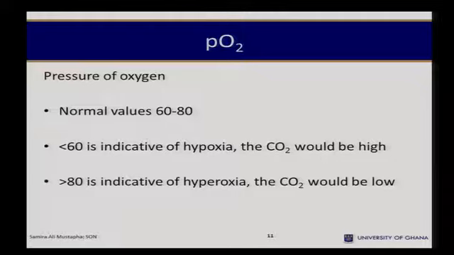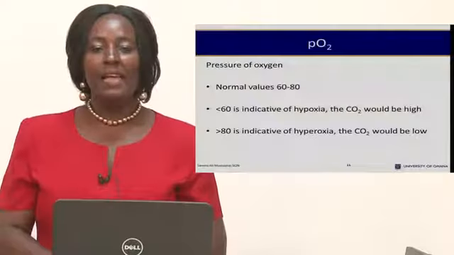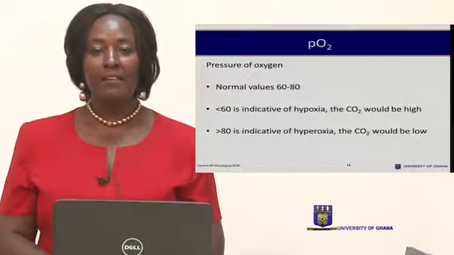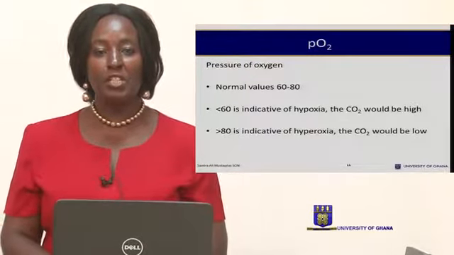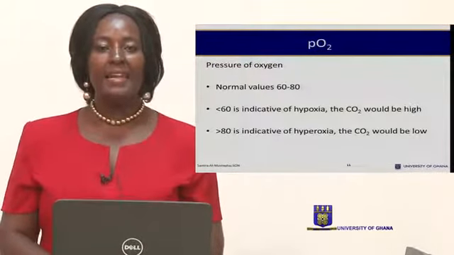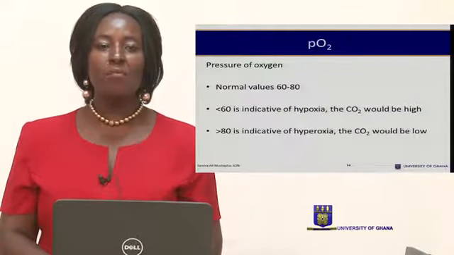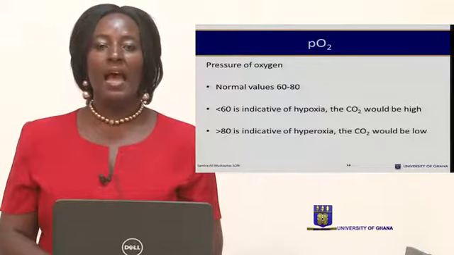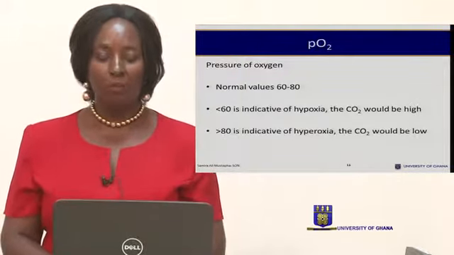So the normal value for oxygen is 60 to 80, and when it is less than 60, it indicates hypoxia, and carbon dioxide increases. So it has an inversely proportional relationship with carbon dioxide. And when oxygen is more than 80, it indicates hyperoxemia, and carbon dioxide levels are lower.